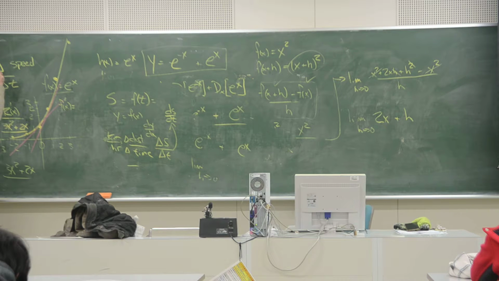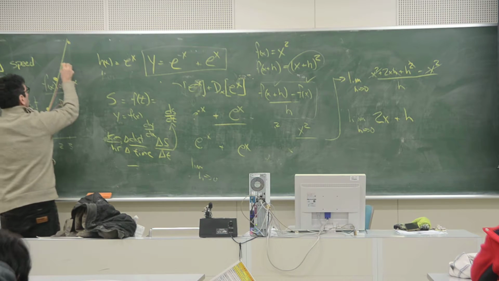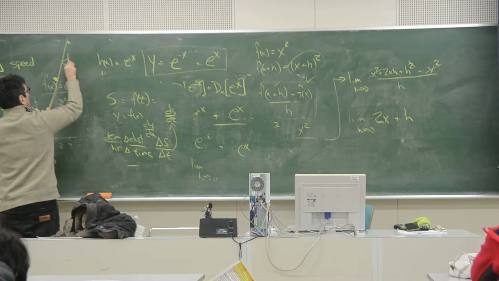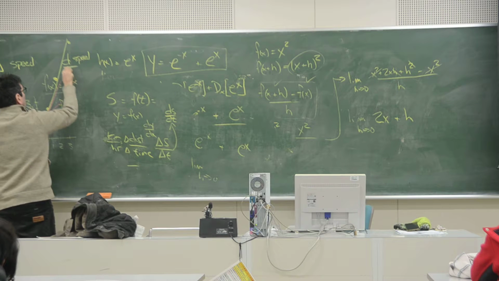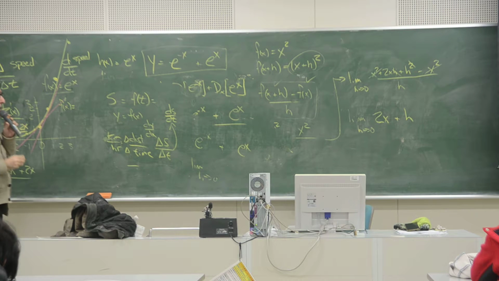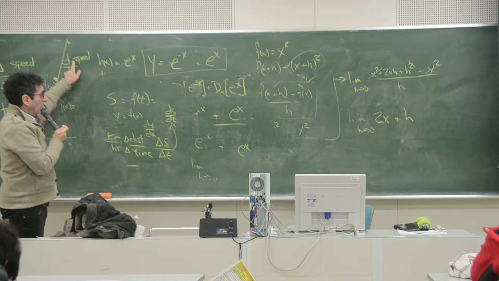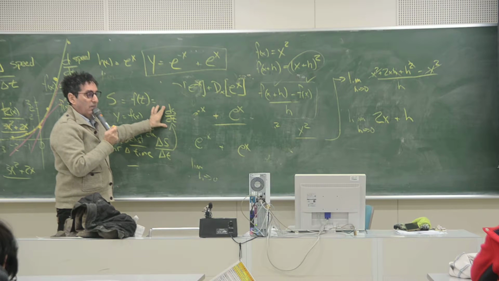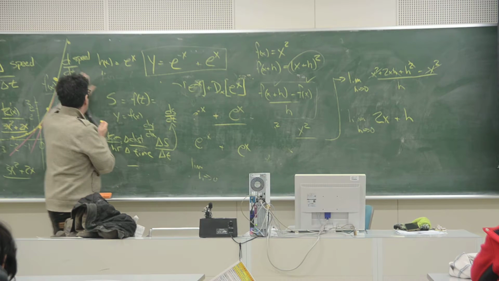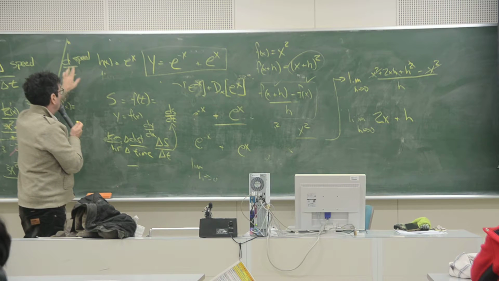But in calculus, this becomes d. So we get d speed dt. But what is speed? We just said that speed is this, right? So instead of d speed, I have what?